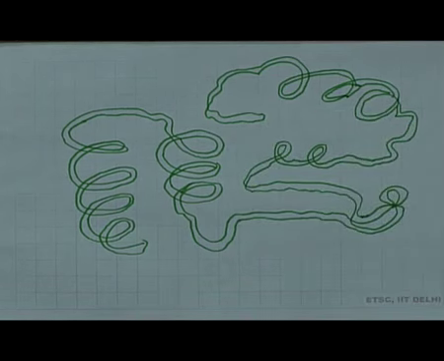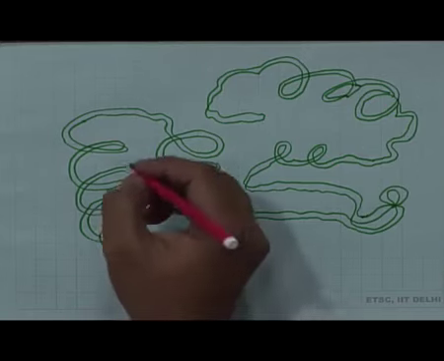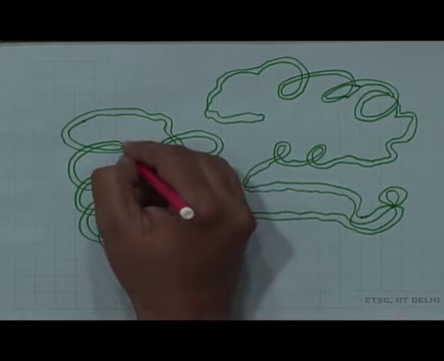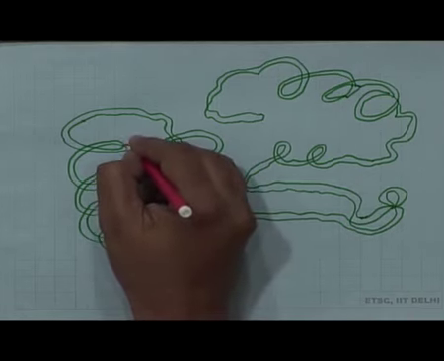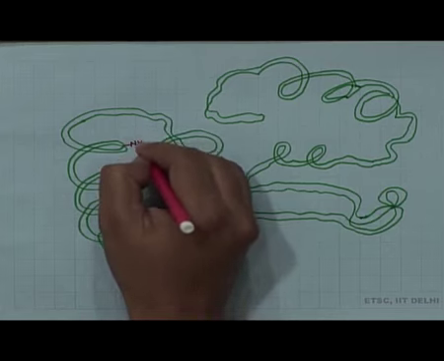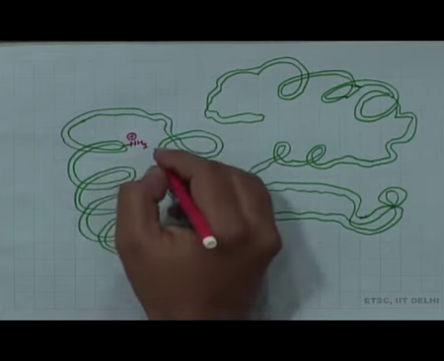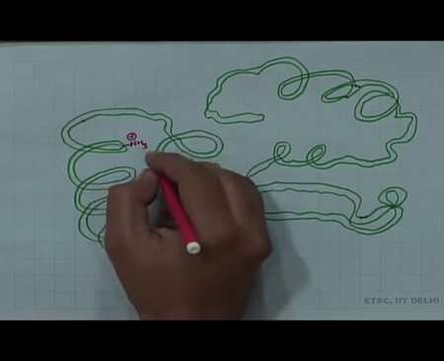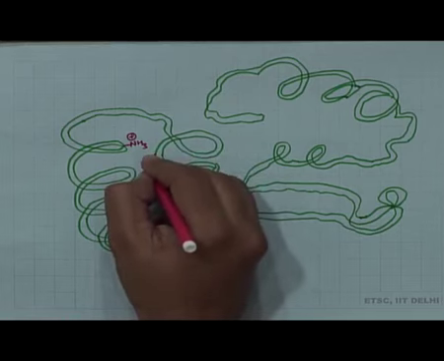So, now I will show all the structure. Let me first show you the salt bridges. To represent salt bridges I am putting ammonium as well as the ester part.